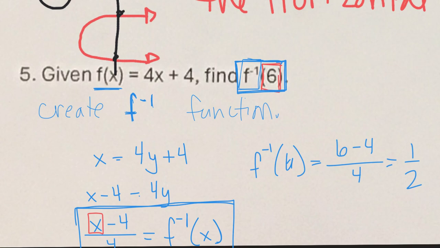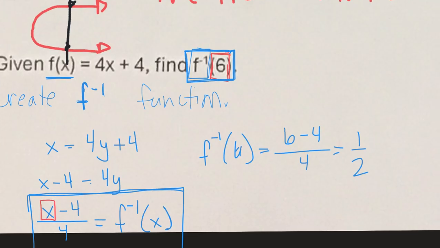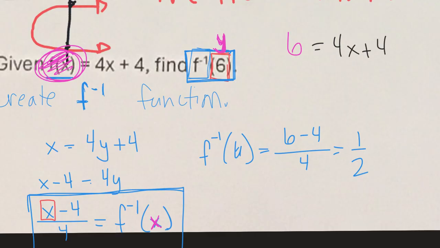Okay? But what if it was too hard to find the inverse? Well, if it's an x in my inverse, that means this must be a y value for your original function. Okay? So that means you can plug 6 in for y right here. 6 equals 4x plus 4.